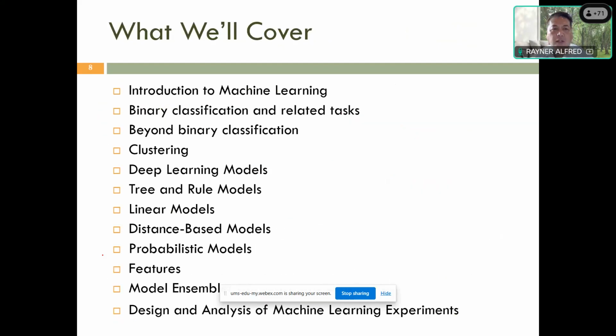Okay, so this is what we will cover. Today we will cover introduction to machine learning, and then later on we will cover more on this. I may have to add one more here, which is the market basket analysis, depending on our schedule.